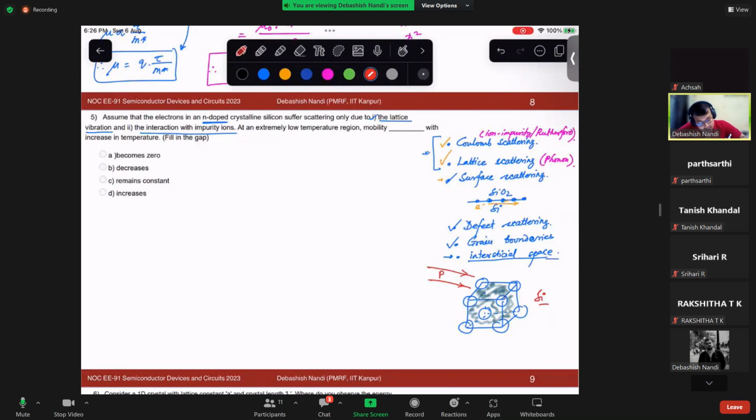When one phosphorus atom takes the position of a silicon atom at the lattice point, that contributes to n-type or p-type doping. But do you think all the phosphorus atoms you are implanting on the silicon wafer will go and occupy these sites? They will not, right? Some phosphorus atoms may lie at the interstitial space.